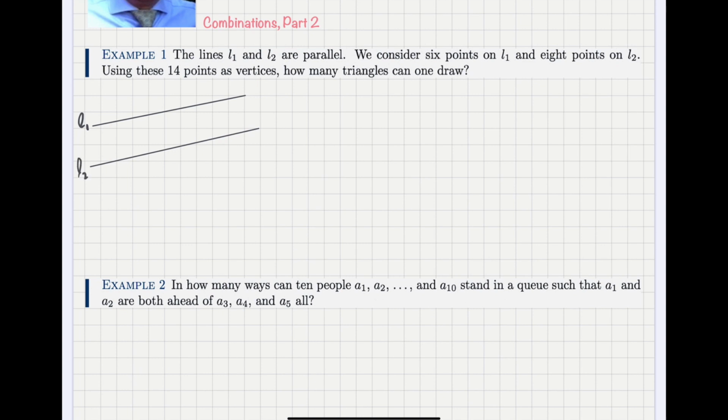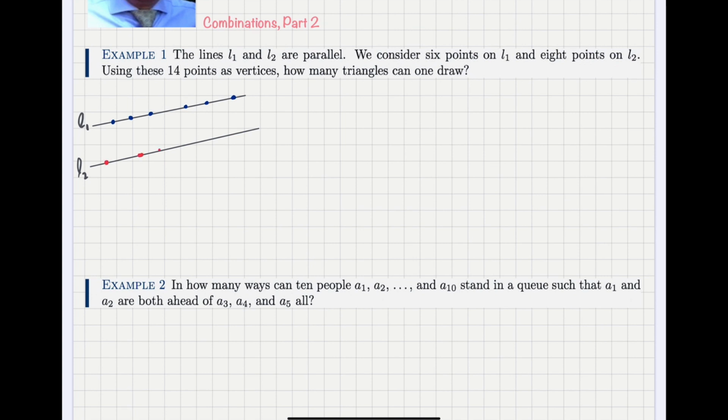I have 6 points on L1: 1, 2, 3, 4, 5, 6. There are 6 points here, and then we have 8 points on the other line.